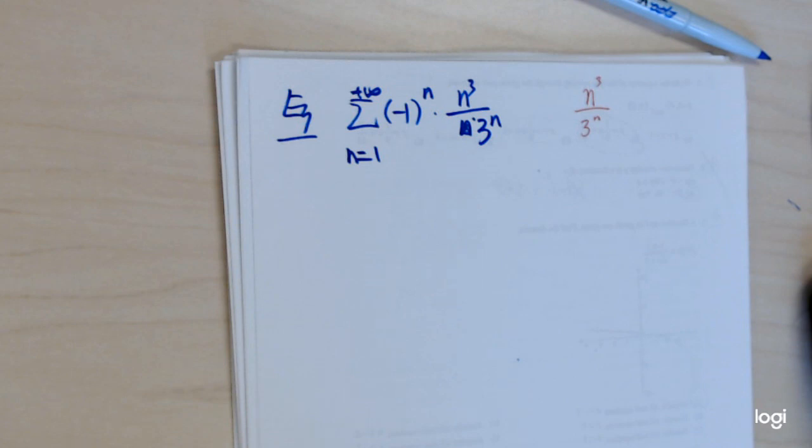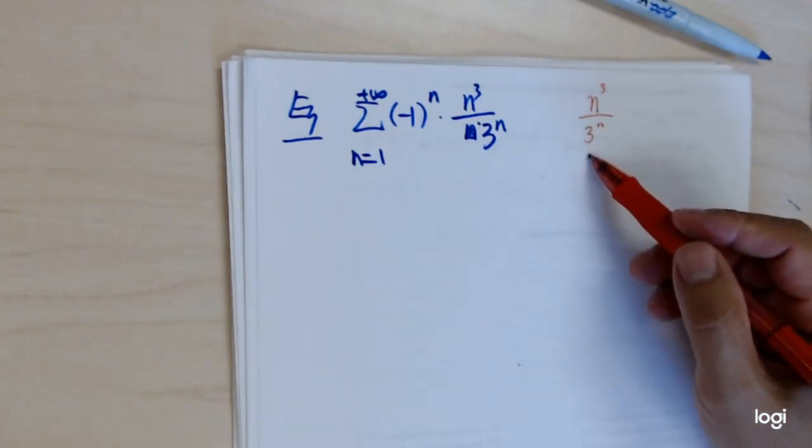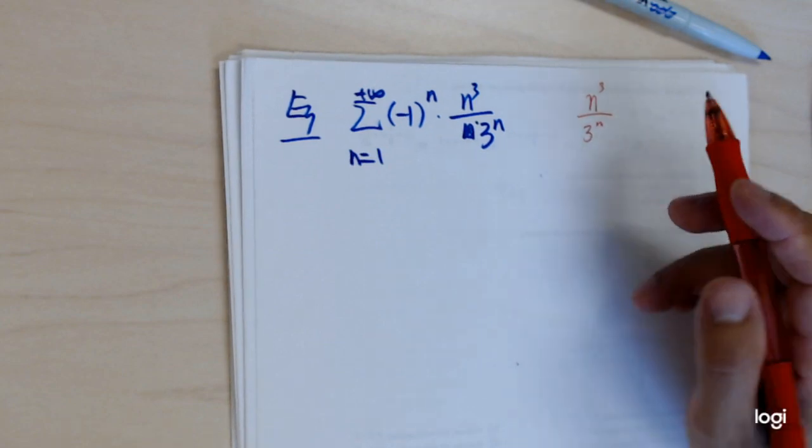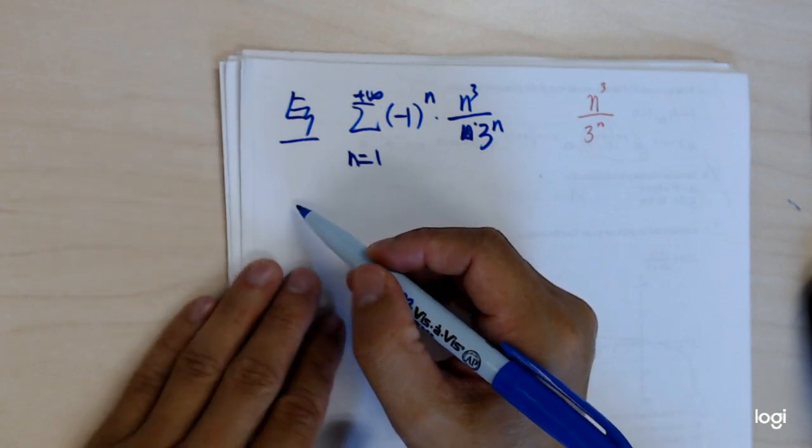If you think about the comparison test or limit comparison test, these are all comparison tests, so you have to pick something to compare with. But it appears tricky for us to come up with anything to compare with this one. So let's see how this ratio test works.